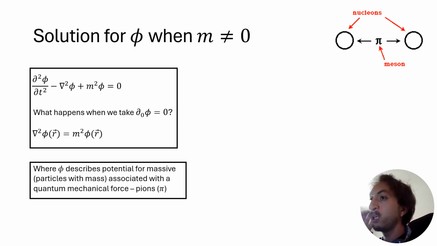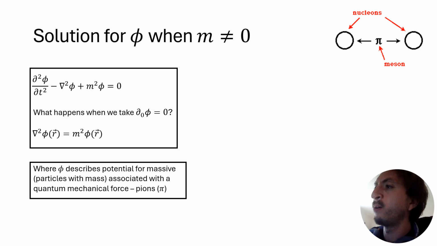Well, it turns out that there is a solution to this equation that describes a very real particle. Now, how it describes the particle is a little complicated, because technically the strong force has a gauge boson called the gluon. Now this equation doesn't actually end up describing the gluon properly because the gluon itself doesn't have any rest mass.